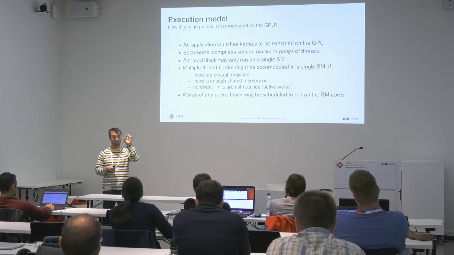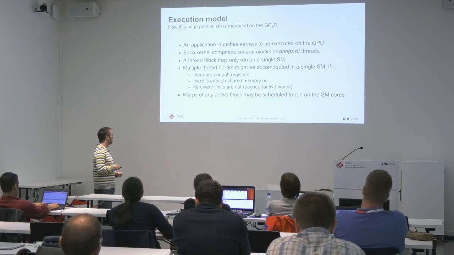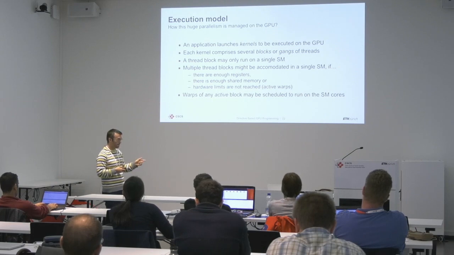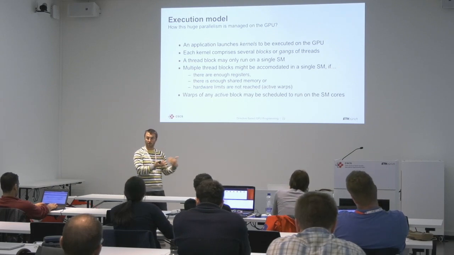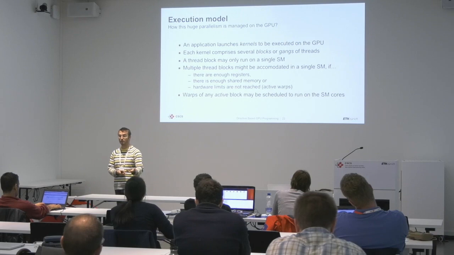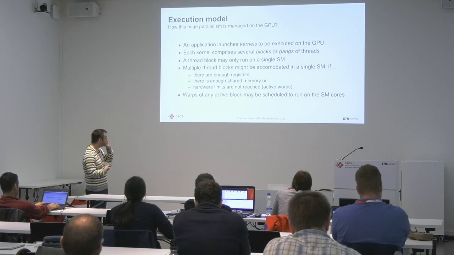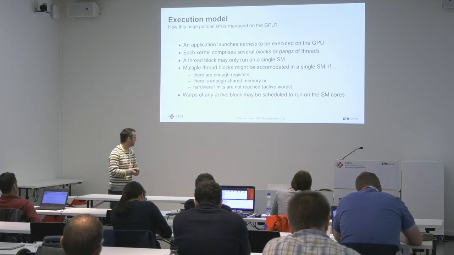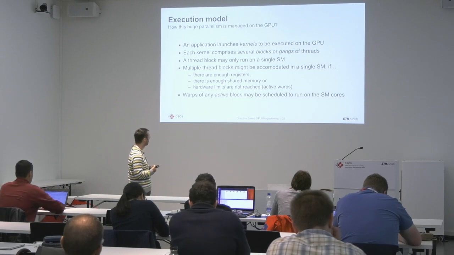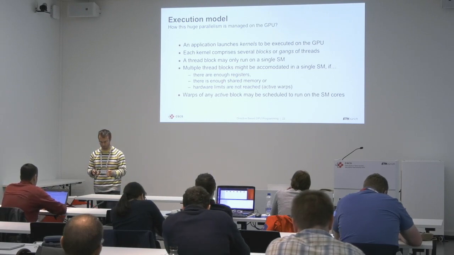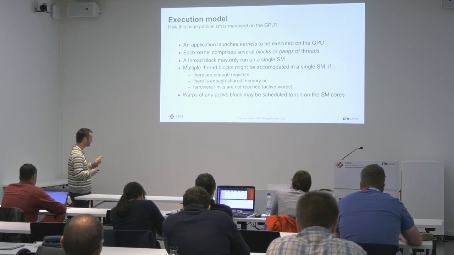They will just run on the same multiprocessor. And multiple blocks may be accommodated in a single SM. How this is determined depends on several reasons: are there enough registers to accommodate them, is there enough shared memory, and so on?